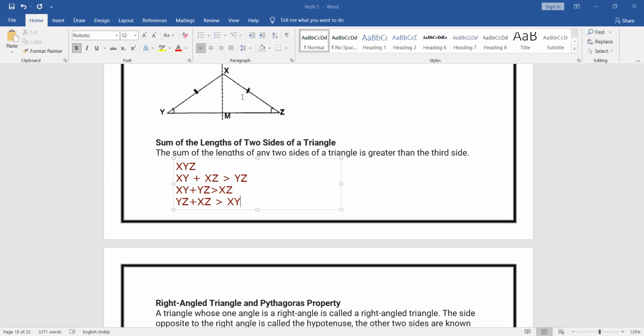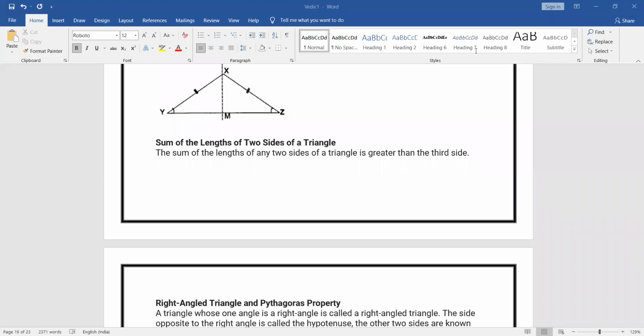So in a particular triangle, whatever the triangle given to you, if we add two sides of a triangle, it is greater than the third side. This you need to take care, this you need to learn. In any given triangle, it depends on the name of the triangle. Here the name is XYZ. So if you add any two sides, it will be greater than the third side.